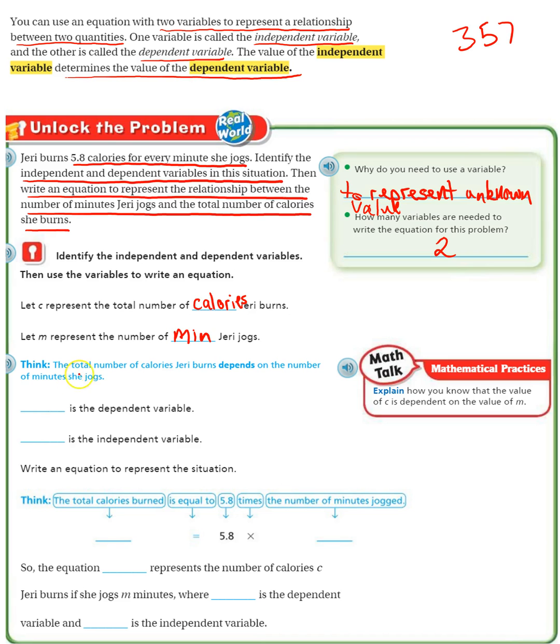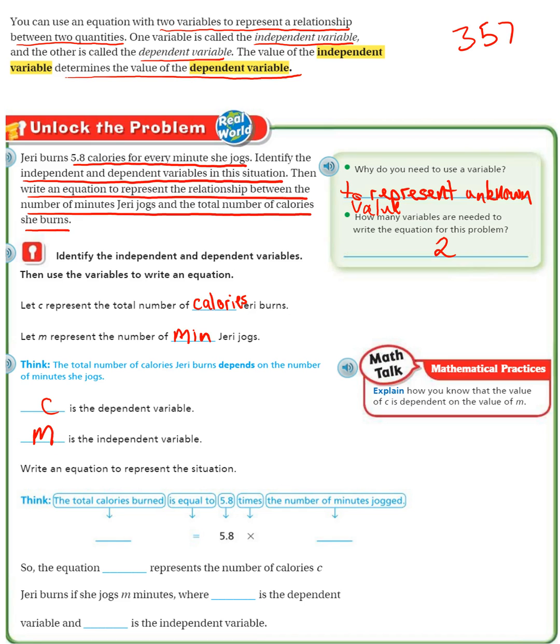So think, the total number of calories Jerry burns depends on the number of minutes she jogs. So the number of calories depends on the number of minutes jogged. So C is the dependent variable and M is the independent variable.